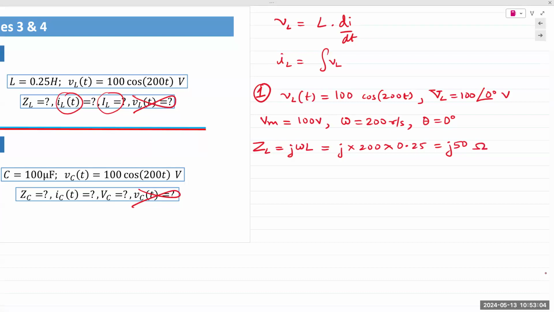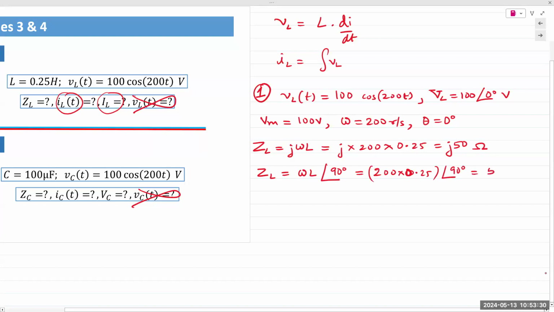You can also find the answer in polar coordinates. ZL in polar coordinates is simply omega L with the angle of plus 90. So 50 with an angle of plus 90.